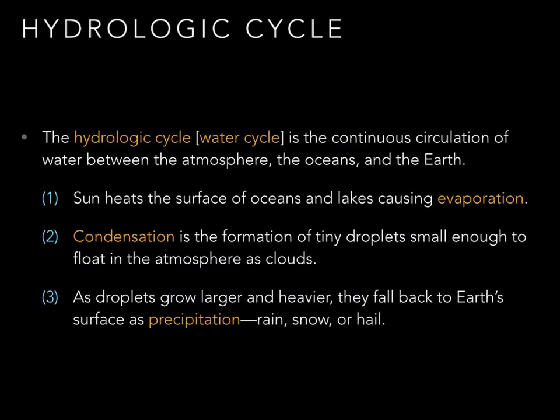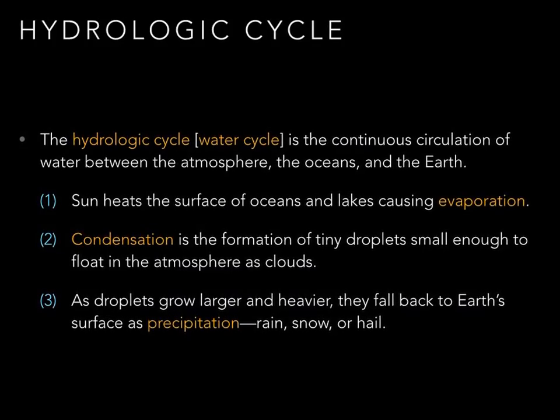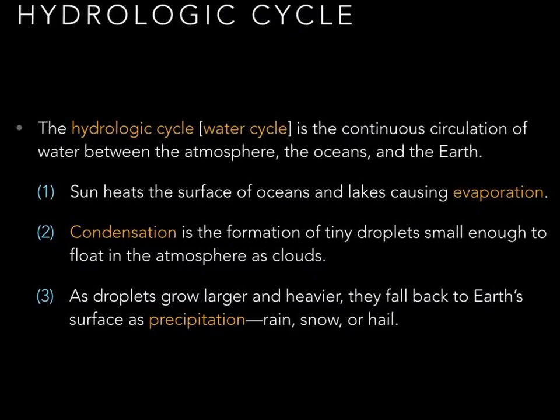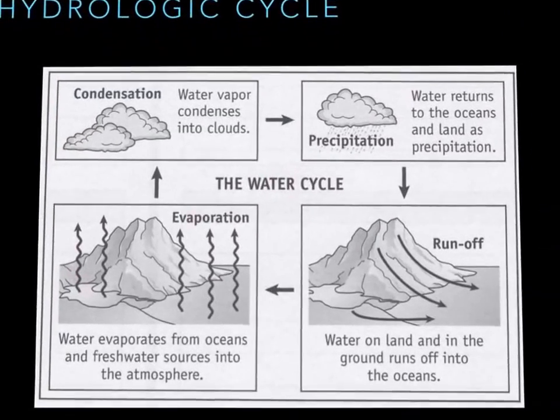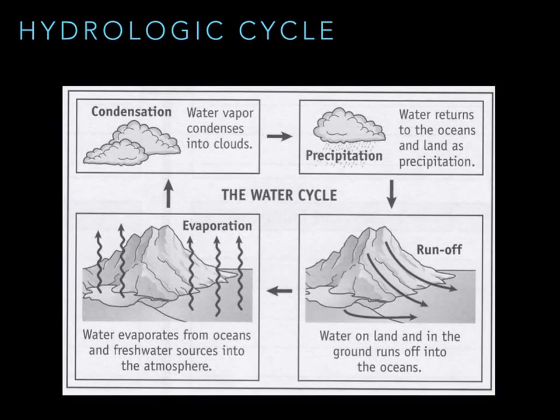And then as the droplets grow larger and heavier, they fall back to the Earth as precipitation: rain, snow, or hail. So there's evaporation, condensation, precipitation. This is the hydrologic cycle. You may want to pause for a minute so that you understand this concept.